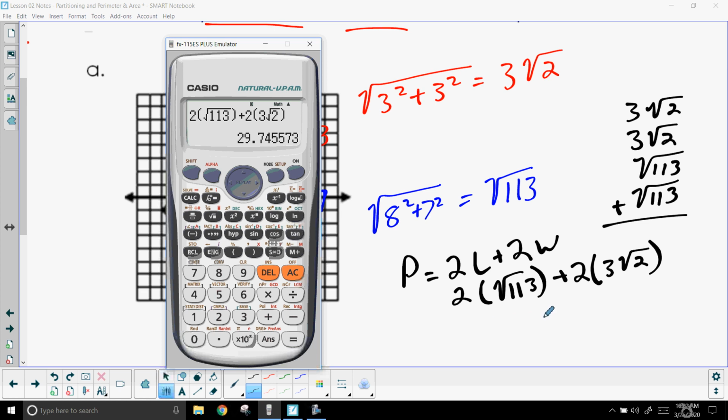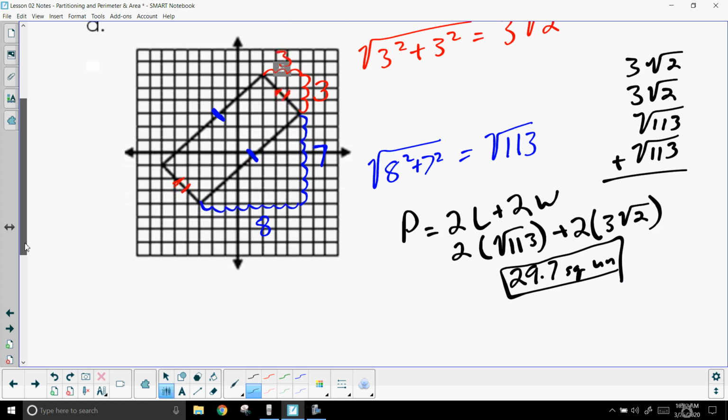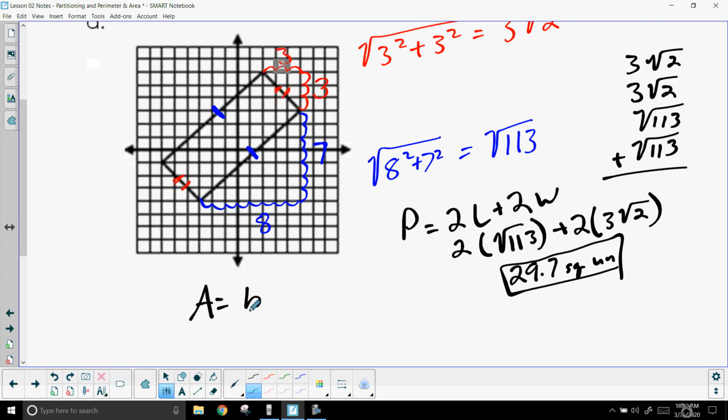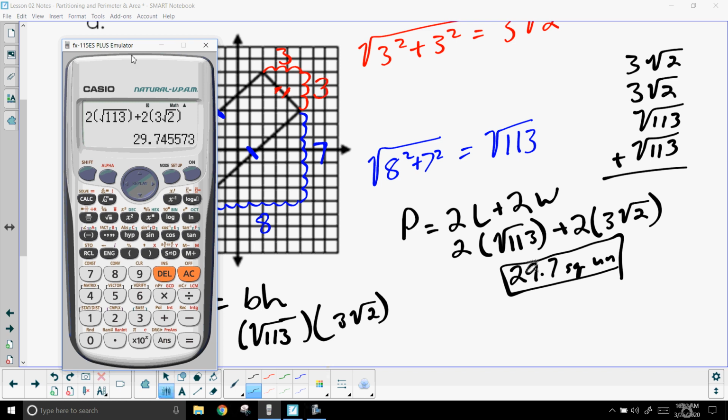Area is base times height. We can use this number as our base, so root 113 times our height, which is 3 root 2. Again, plug that in your calculator just like you see it. Root 113 times 3 root 2.